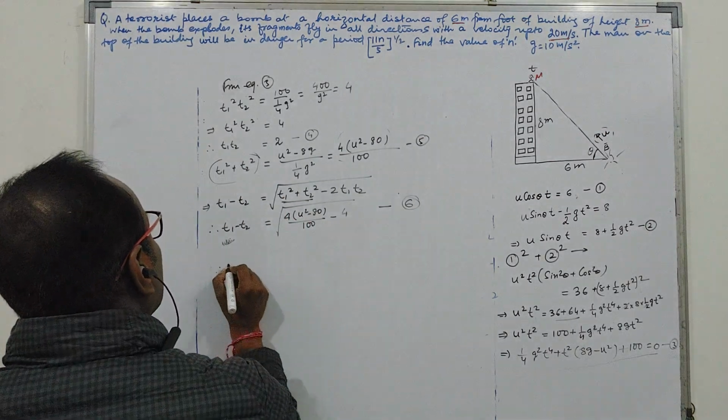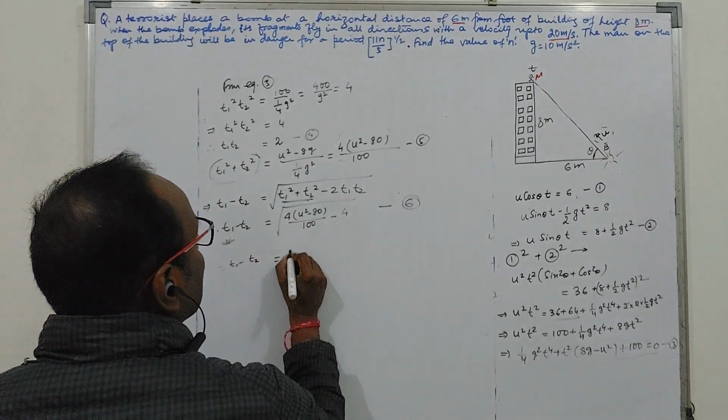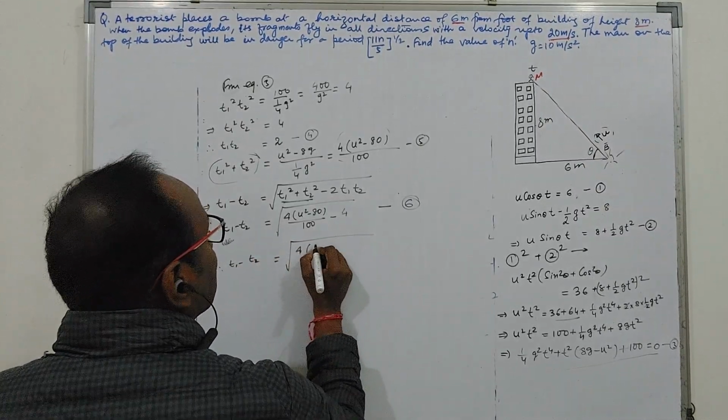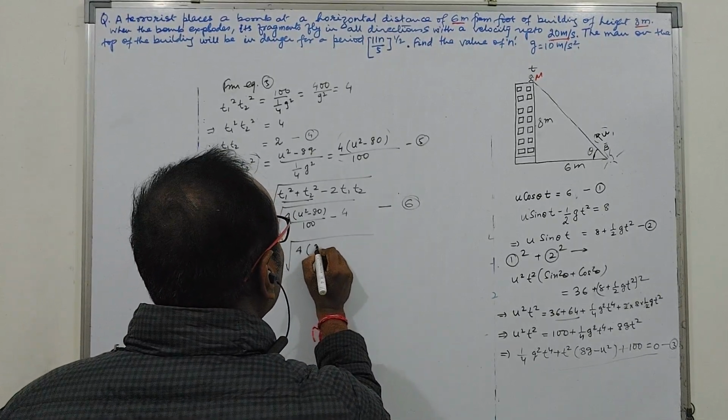So hence t1 minus t2 will be 4 into 20 square is 400, 20 square.